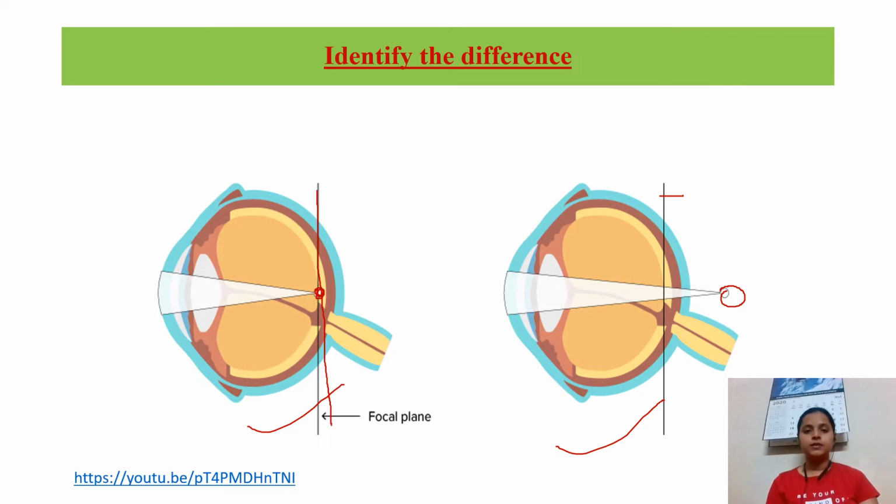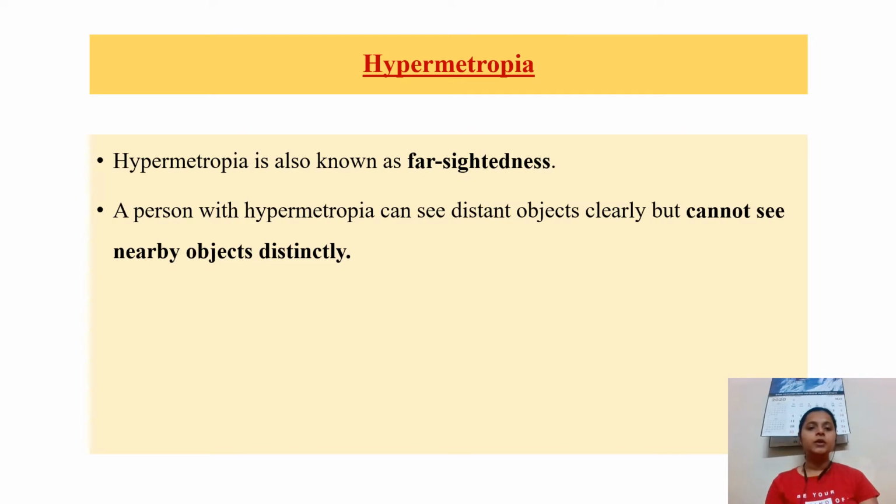Hypermetropia is also known as farsightedness. A person with hypermetropia can see distant objects clearly but cannot see nearby objects clearly.